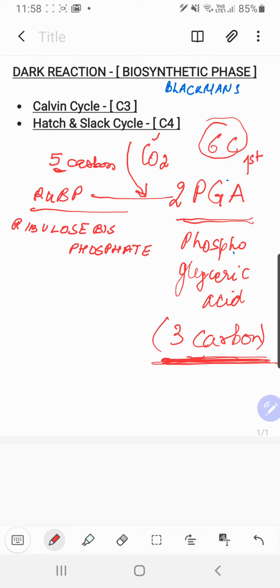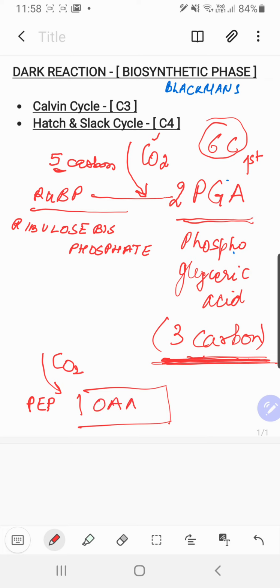Once you know this, now you come to the second cycle. What is the difference there? You don't have RuBP there as the primary base molecule. There you have phosphoenol pyruvate, right, PEP. And here when carbon dioxide is fixed, ribulose is replaced by PEP and carbon dioxide is fixed similarly, but the first product formed is OAA, that is oxaloacetic acid.